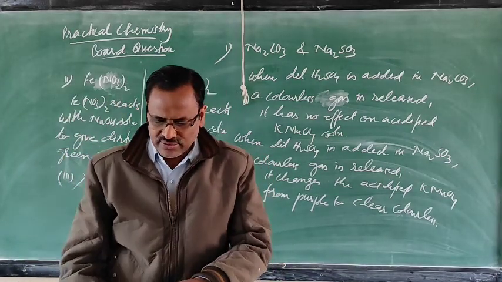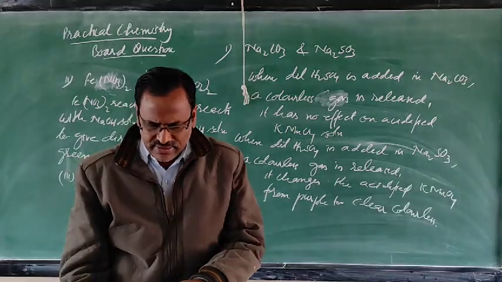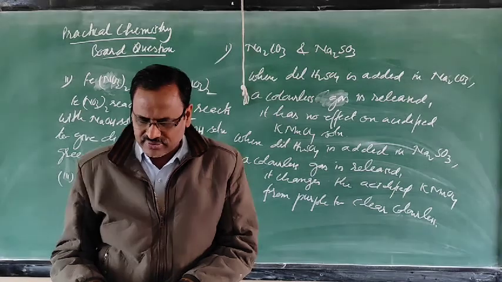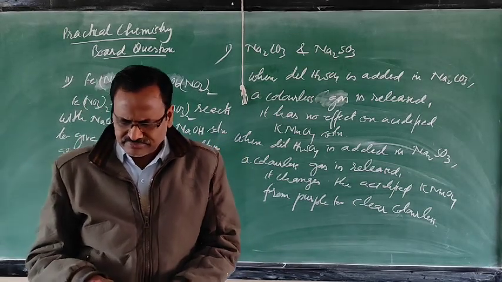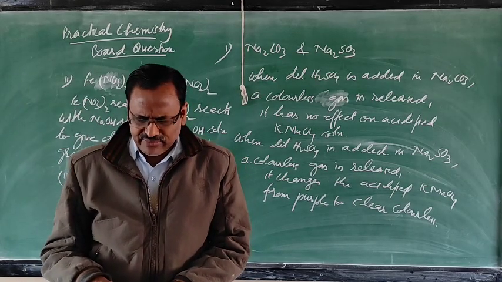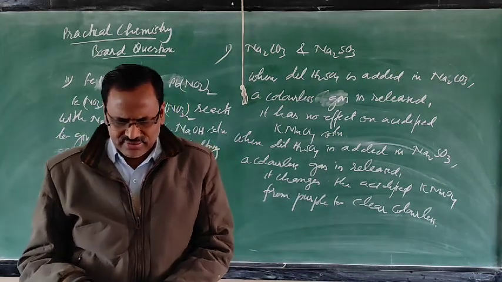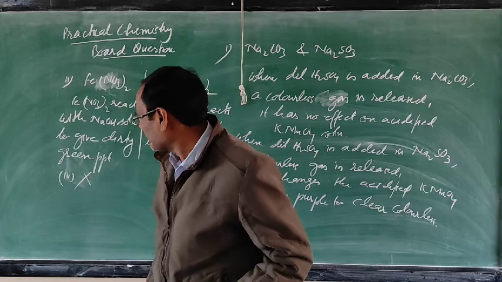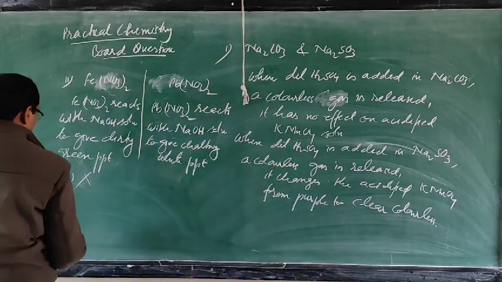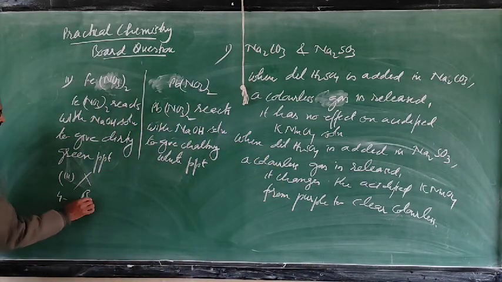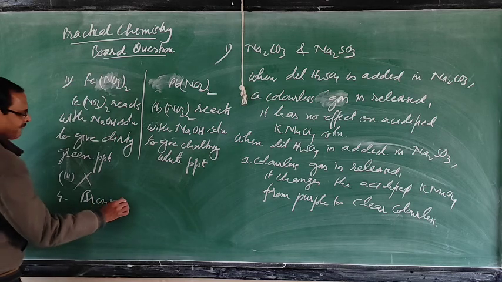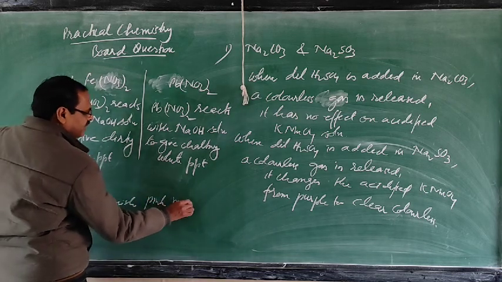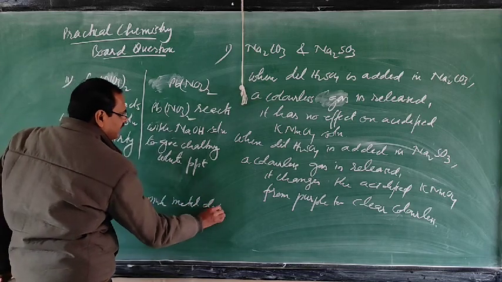Then the fourth question: state one observation when zinc granules are added to copper sulfate solution. Zinc granules are added to copper sulfate solution and a brownish pink metal is deposited.